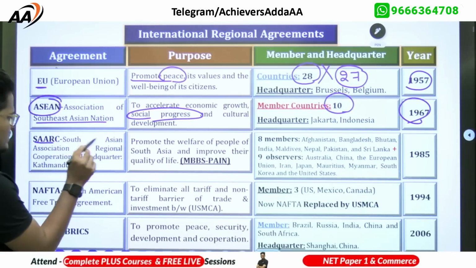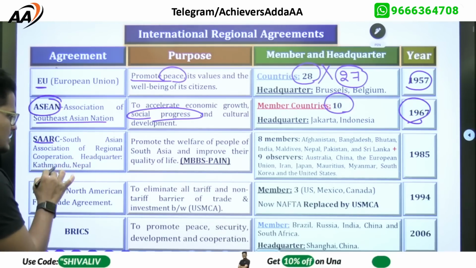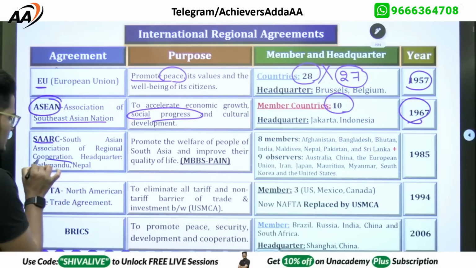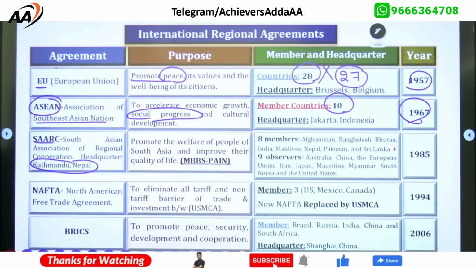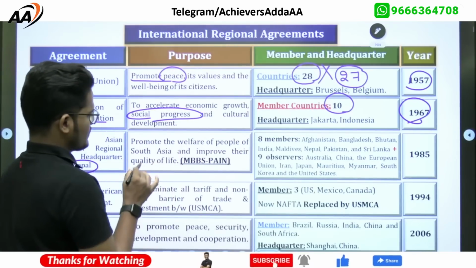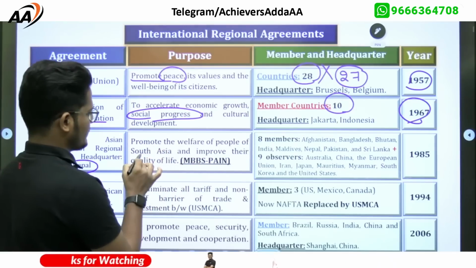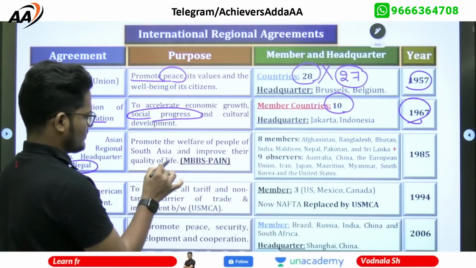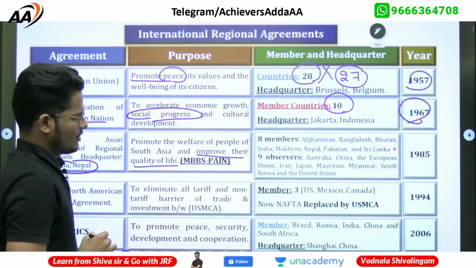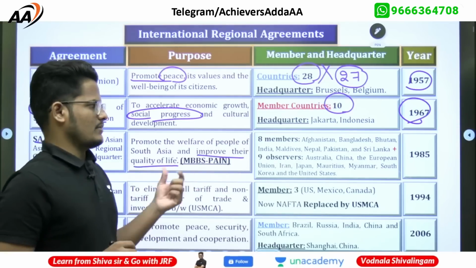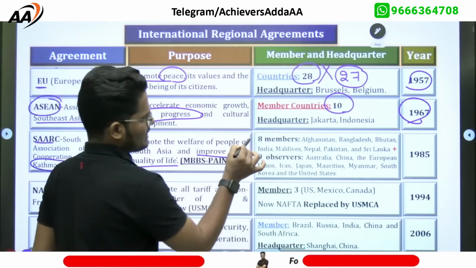SAARC is the South Asian Association for Regional Cooperation, headquartered at Kathmandu, Nepal. It promotes the welfare of the people of South Asia and improves their quality of life. Remember MBBS Spain: 8 member countries.